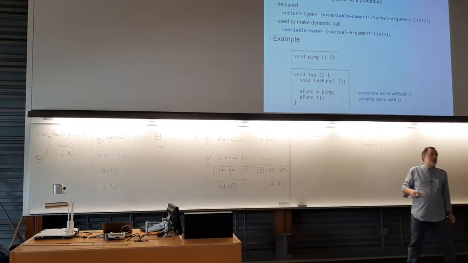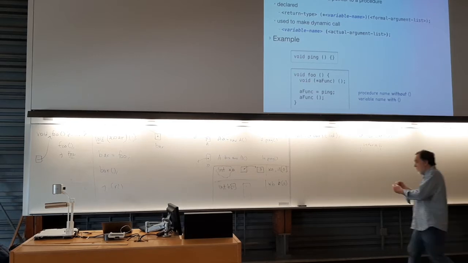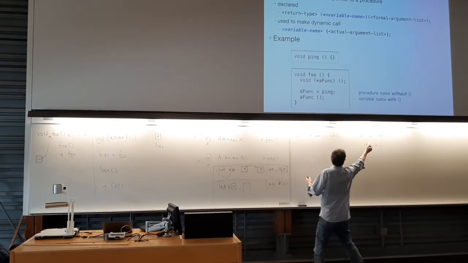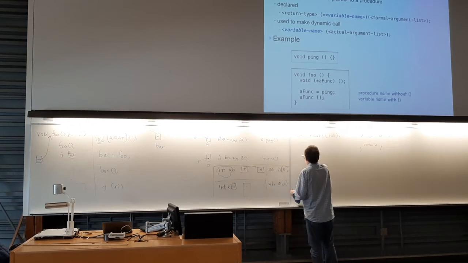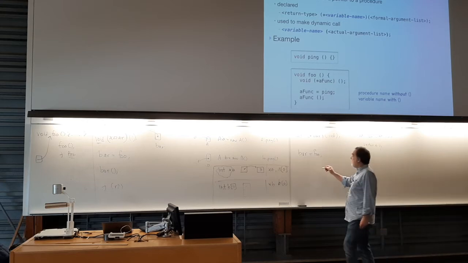So it has an implementation that has the same type signature. If the type of this matches this, then I can do this. And then to call foo using var, I can do something like this.